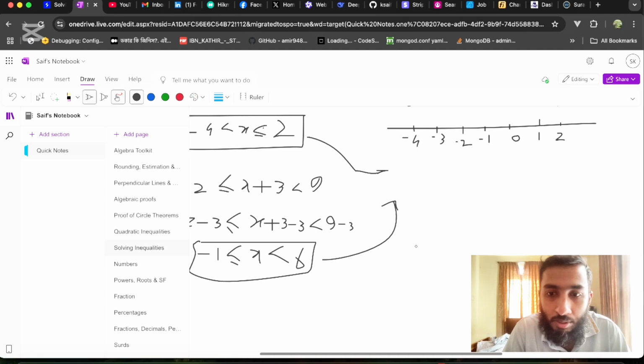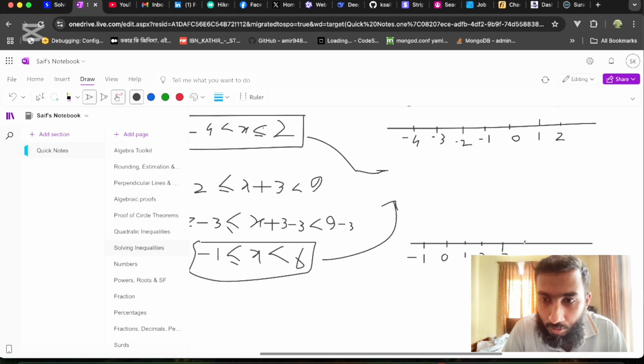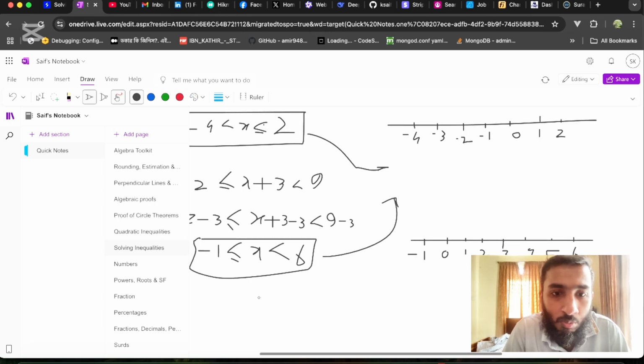And for this one, minus 1, 0, 1, 2, then 3, 4, 5 and 6. So minus 1 less than or equal to x, so it's inclusive, less than 6. So this is the range of all the values of this inequality.